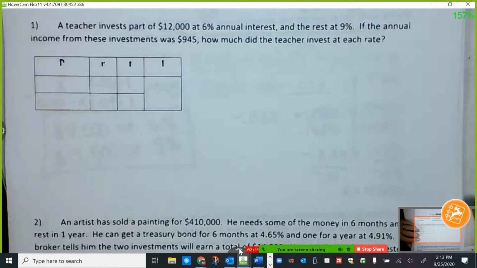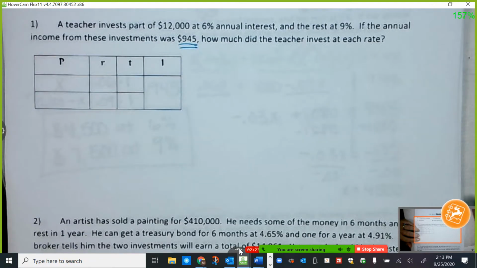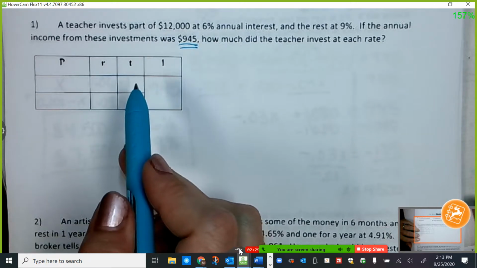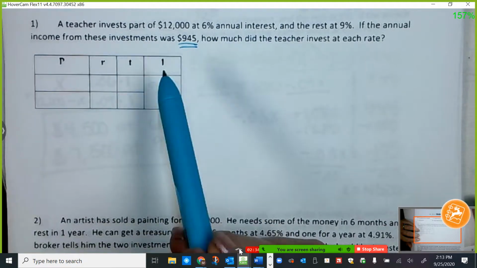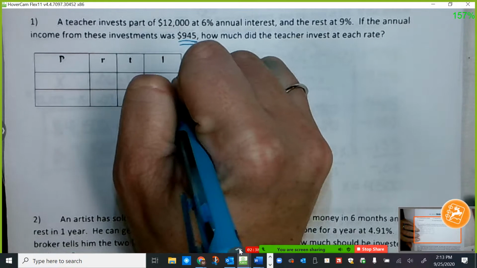I always remember this number because it's the last number we read. It says income from these investments. Well, what represents the income? Yes, but which letter? P, R, T, or I? I. So we're going to put our 945 right there.